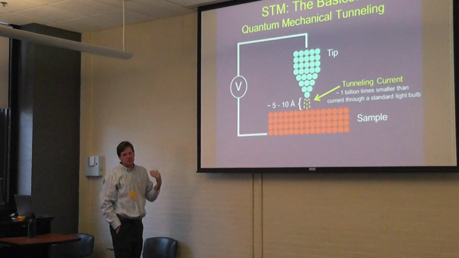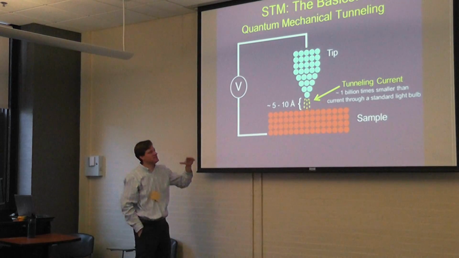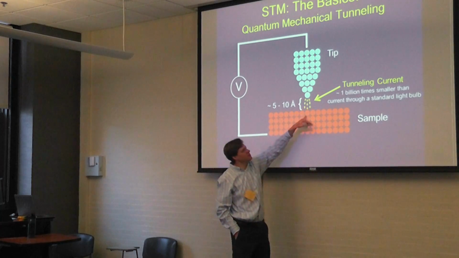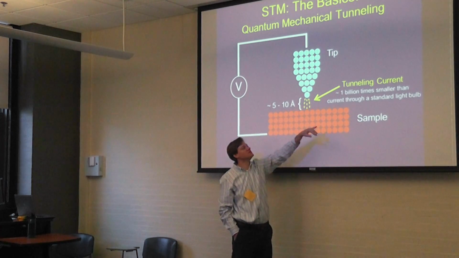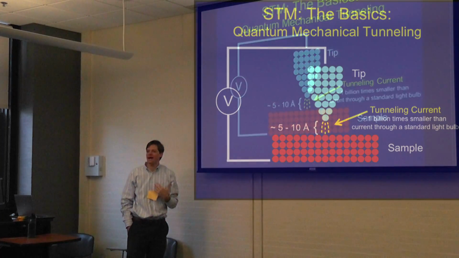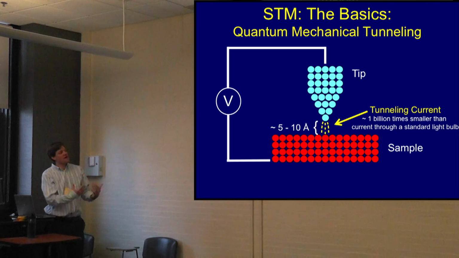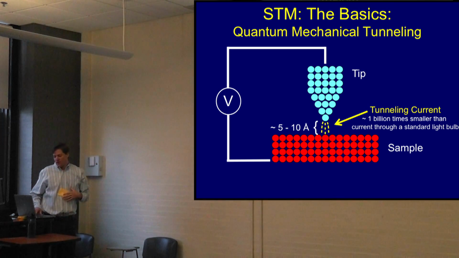Because it's a small probability, you get very small currents. To give you an idea, the currents we're dealing with here are roughly 1 billion times smaller than a current that goes through a regular light bulb. So absolutely tiny currents. That's how tunneling occurs.